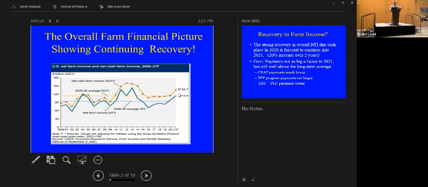We start to draw down inventories instead of holding grain over until next year to sell, or livestock and livestock products. We need the cash this year. So we do a little bit less of that inventory holding over.